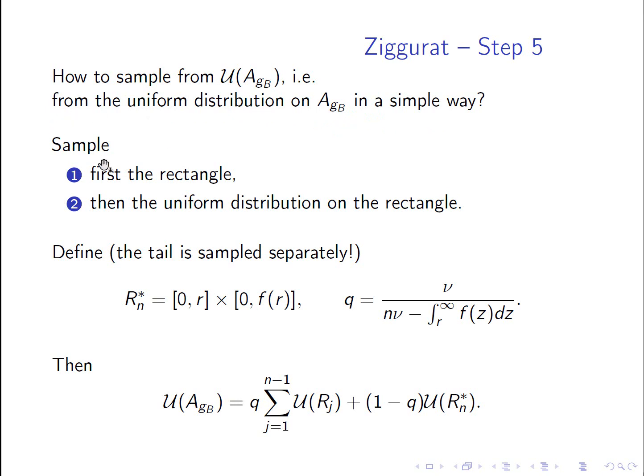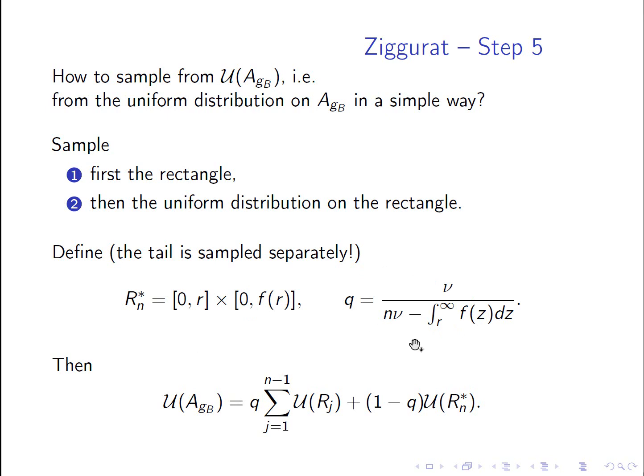So again, we sample first the rectangle and then the uniform distribution on the rectangle to sample from the uniform distribution on A_G^B. But for this, as I said, we have to modify the probabilities. So first we need this rectangle R star n, which is 0 to R times 0 to f of R, which we get from the base strip by cutting off the tail.